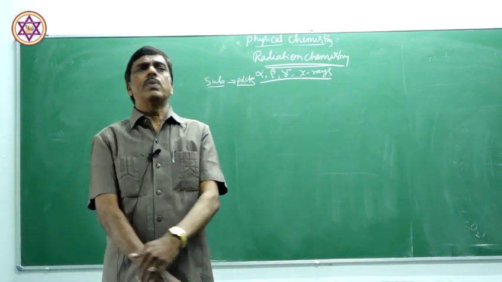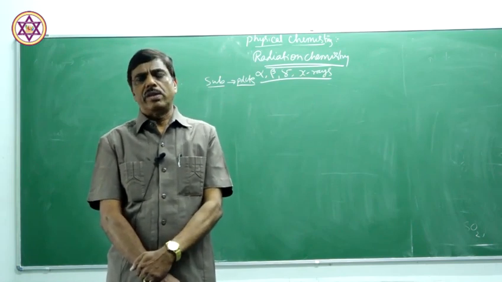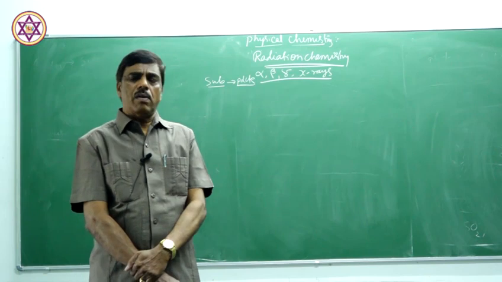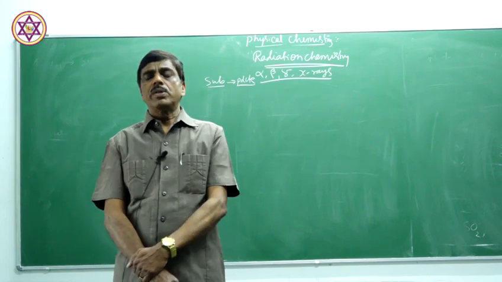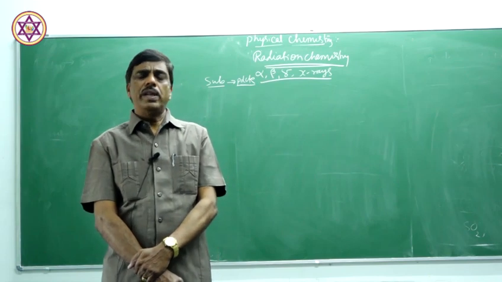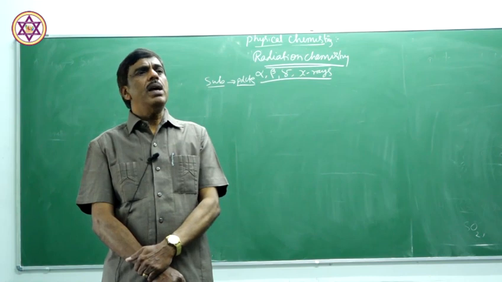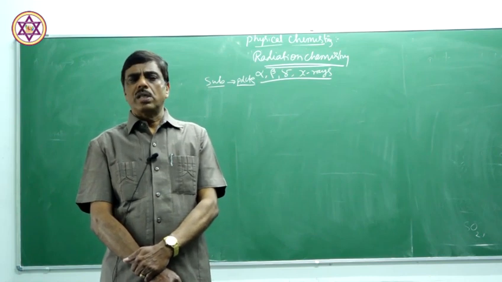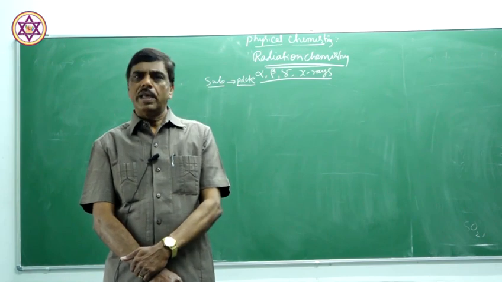Photochemistry deals with reactions due to visible and ultraviolet radiation, which is mild radiation, whereas radiation chemistry deals with chemical reactions when irradiated by high energy radiations, alpha, beta and gamma radiations. The mechanism of the reactions is different in both cases.